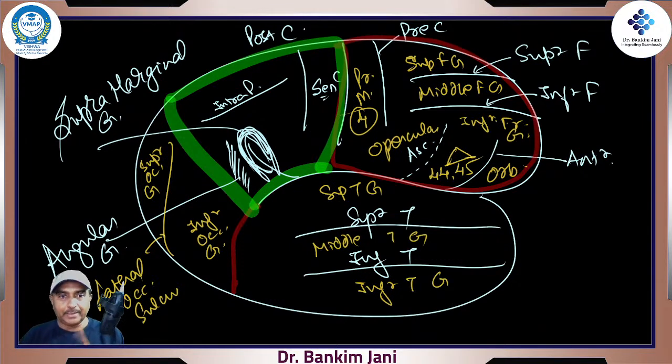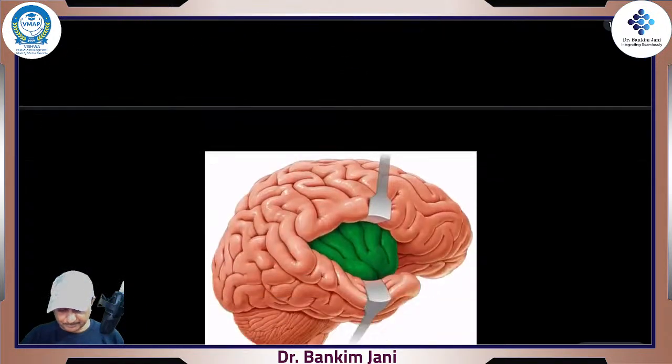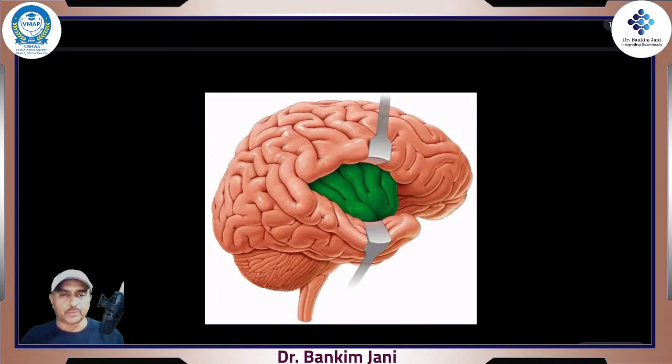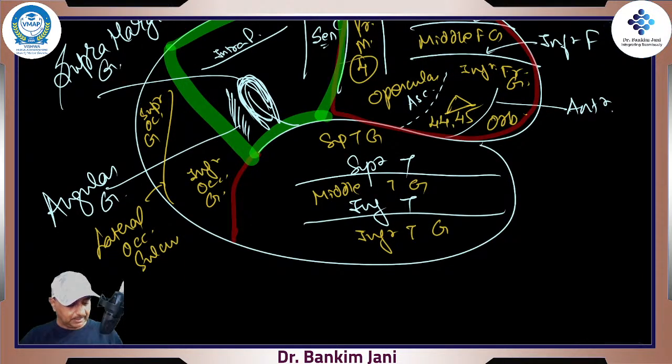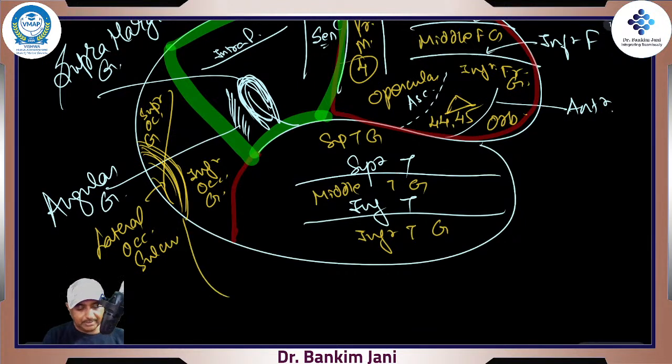Achha. Next is insular. By the way, the occipital part, this lateral occipital sulcus, because this area back here, how can we forget it? Visual cortex, right? So let's add this.